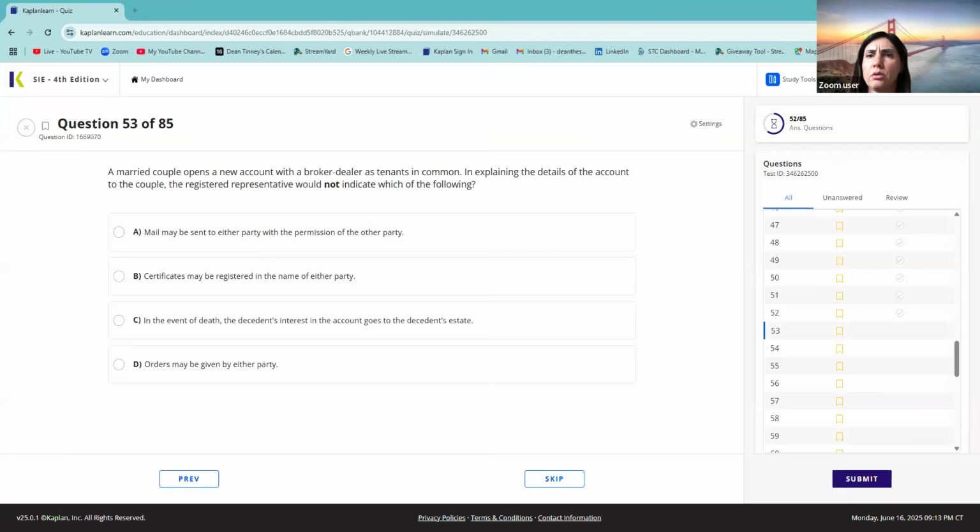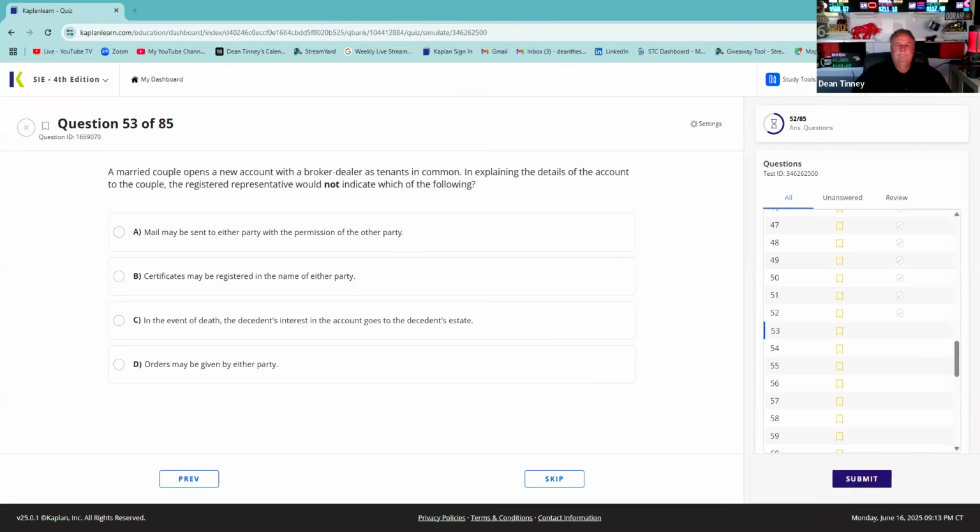Tenant in common, so mail may be sent to either party. Oh no, this will be a true one. Certificates may be registered in the name of either party. In the event of death, the decedent's interest in the account goes to the decedent's estate, so tenants in common. Orders may be given by either party. So orders can be given by either party.